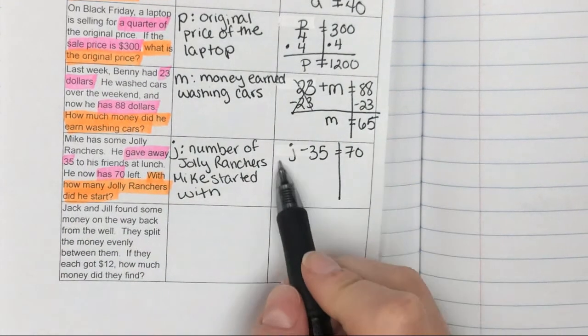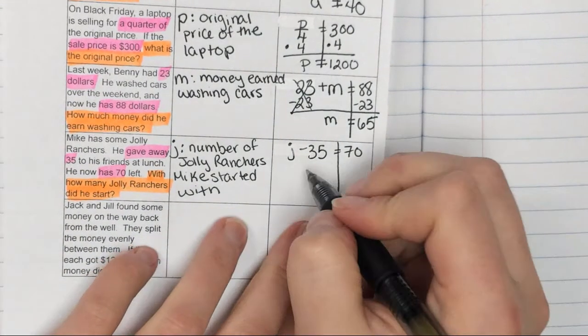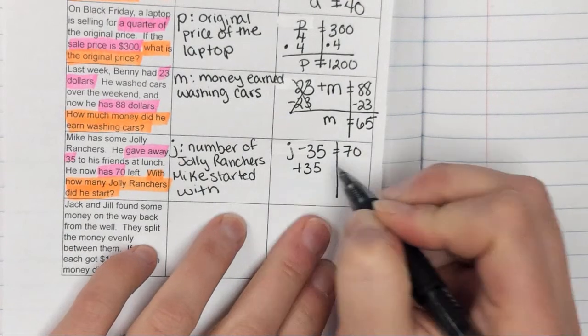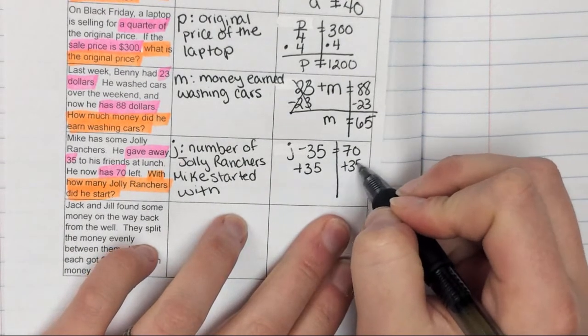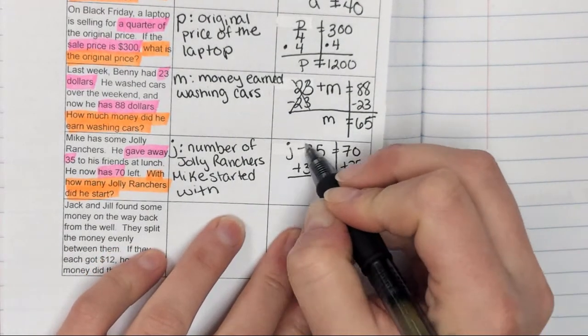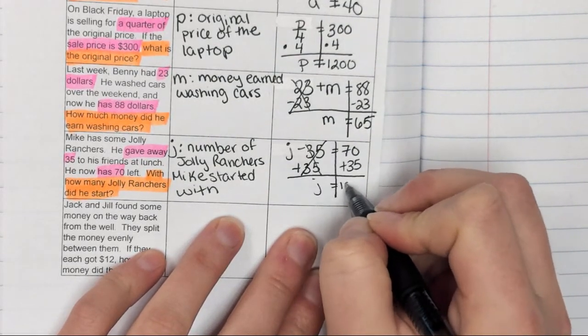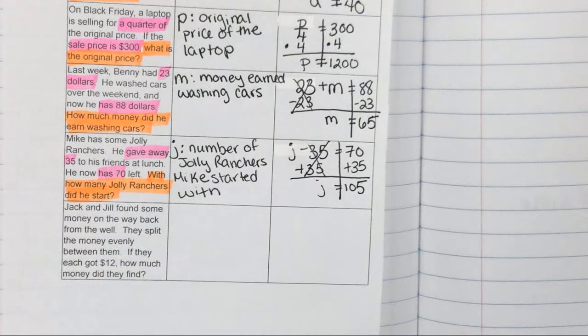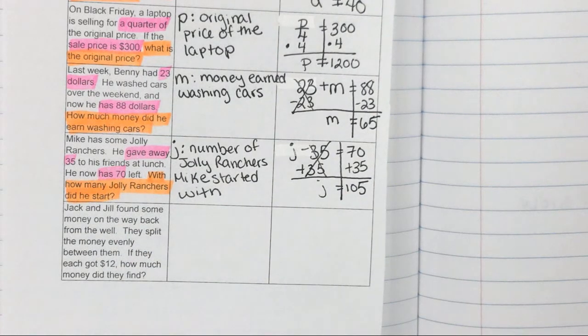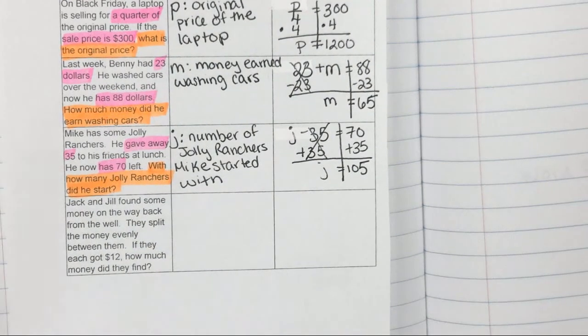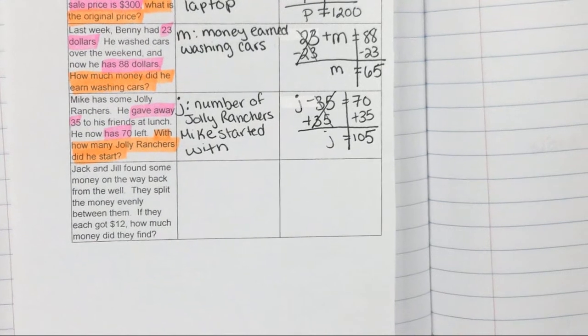I see subtraction with my eyes, so I'm going to use addition. I'm adding 35 to both sides. These two are going to cancel out, and I have J is equal to 105 Jolly Ranchers. So Mike started his day with 105 Jolly Ranchers, which he must have had some really big pockets because that's a lot of Jolly Ranchers.